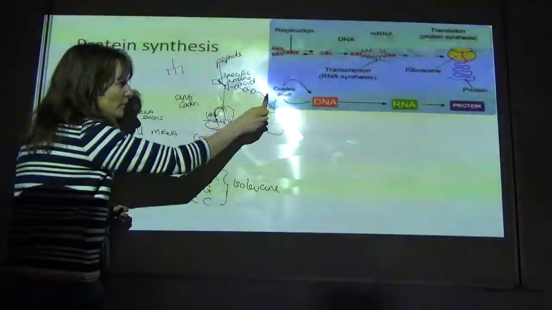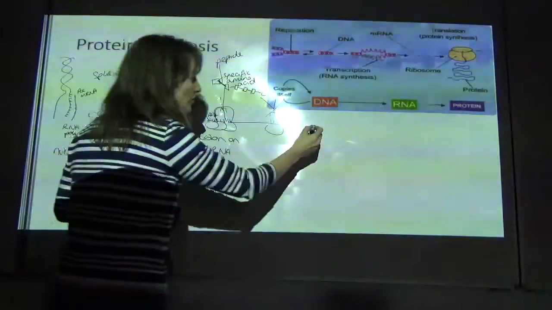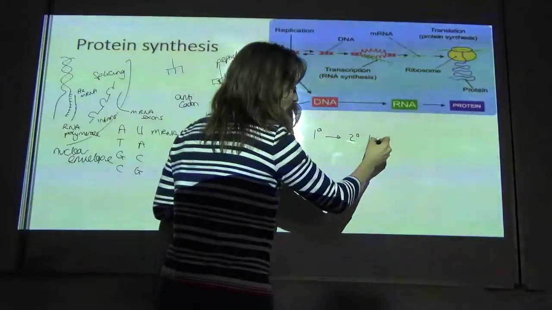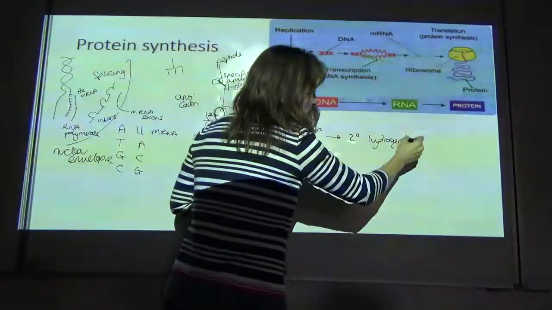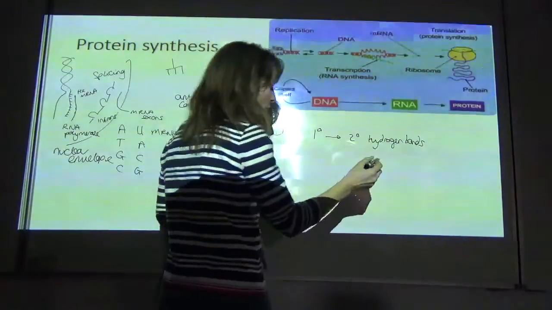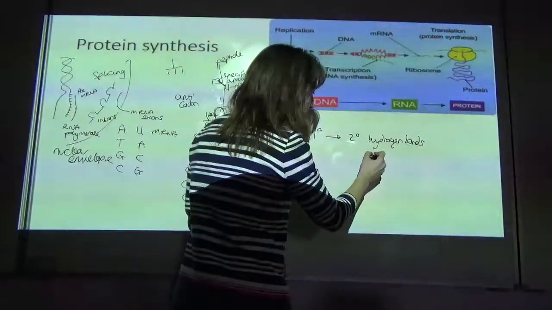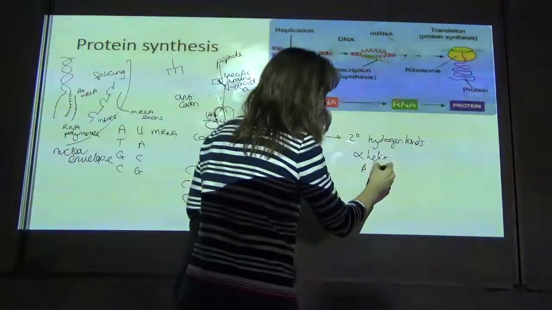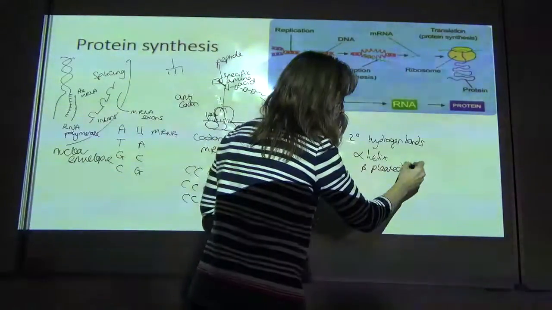If it changes the amino acid that you code for in the primary structure, then you could end up with a change in the secondary structure and where the hydrogen bonds form, and that will affect your alpha helix formation and your beta-pleated sheet, where they form.